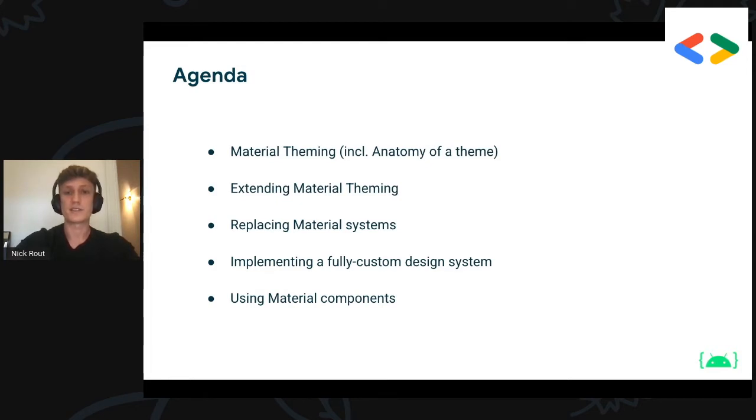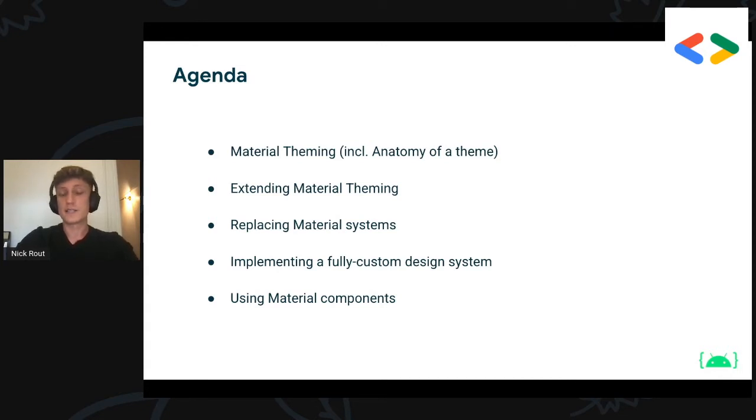First, we'll look at how material theming works in a very brief nutshell, and then go into the anatomy of how that works under the hood, because there's quite a lot of abstractions on top of that. And then go into 3 different approaches for how you can do custom design systems to varying degrees of complexity.